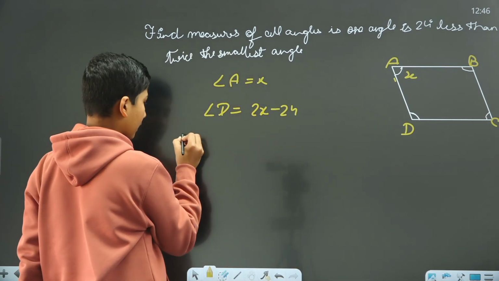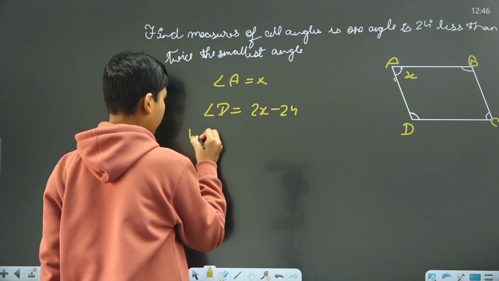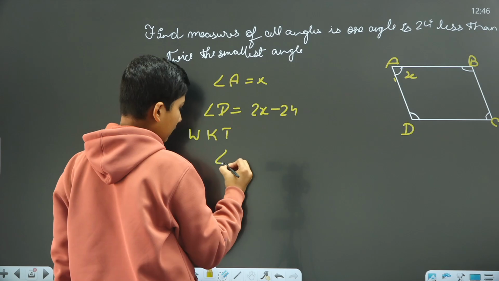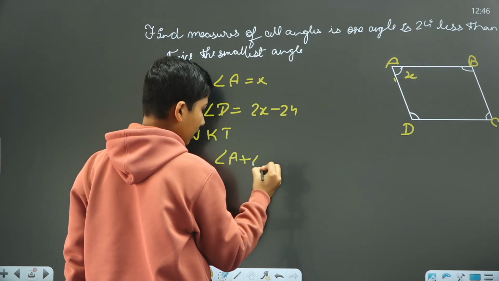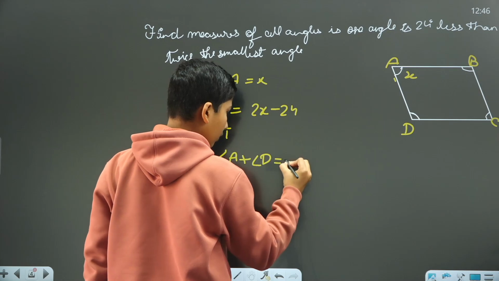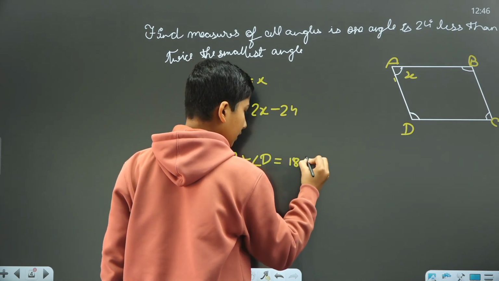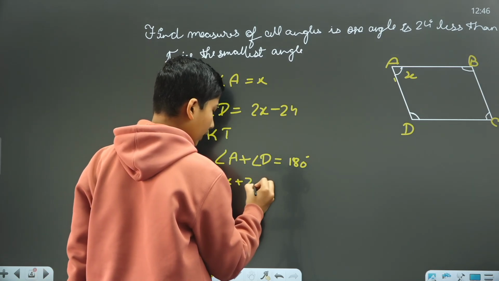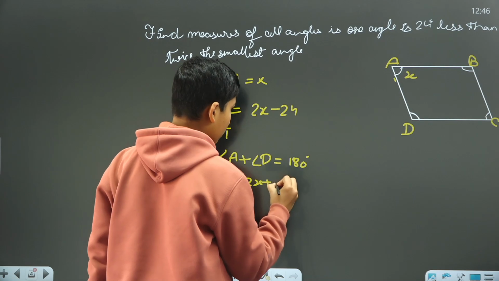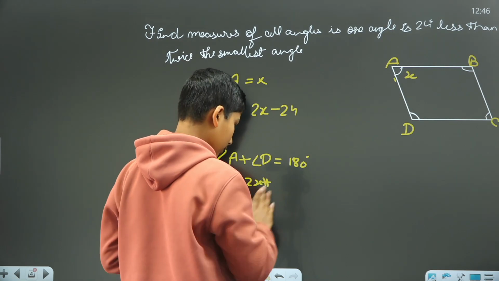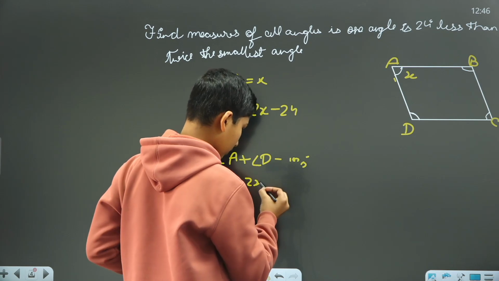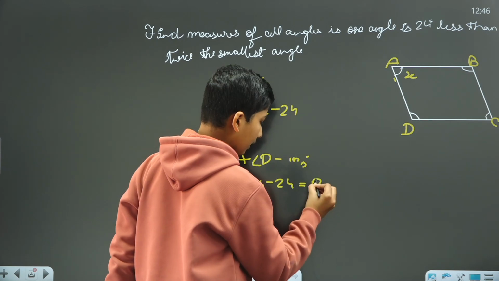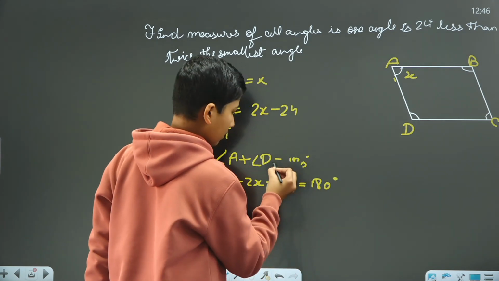So we can write, we know that angle A plus angle D equal to 180 degrees. Okay, so x plus 2x minus 24 equal to 180 degrees.